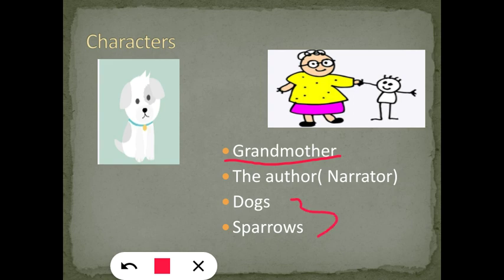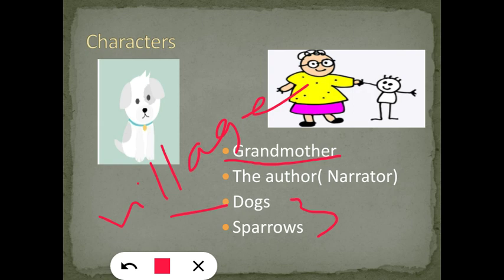Now, dogs and sparrows, we cannot say exactly as a character in here, but these two elements have been used by the author to highlight and showcase how kind hearted the grandmother was. Now, dogs, remember, in the examination, it will be asked in the village, okay, grandmother used to feed the stray dogs with the stale chapatis that she had, or the leftover chapatis, remember.